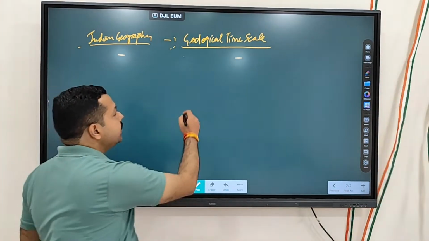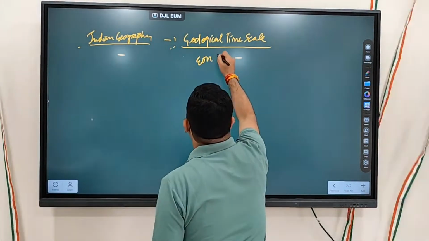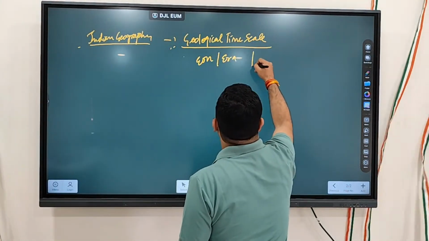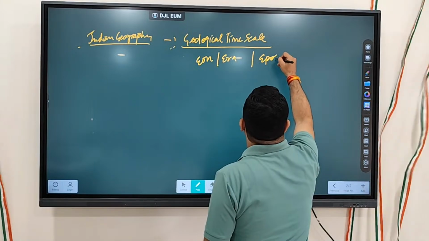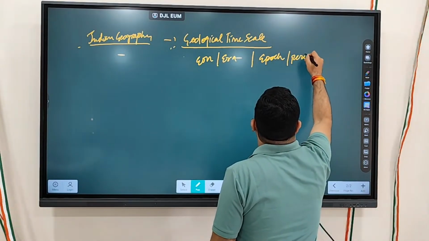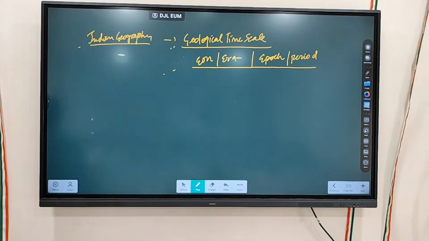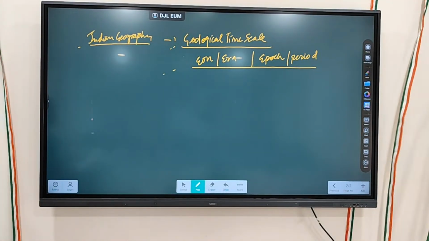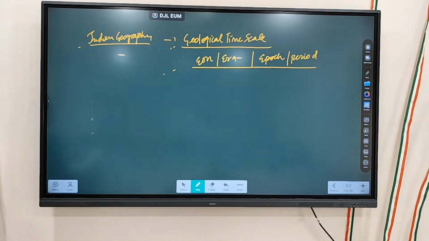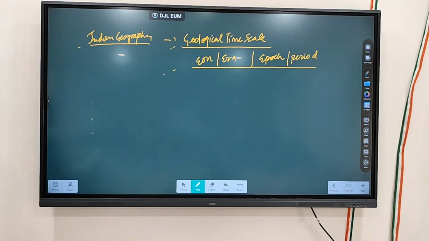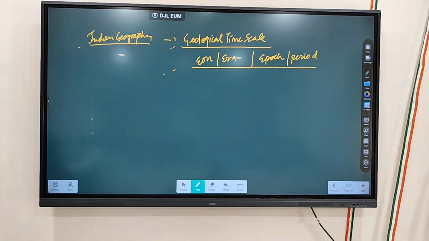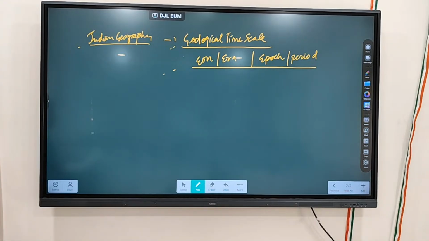There are four things you have to keep in mind: eon, era, epoch, period. These are the four terms you have to keep in mind. Clear? Eon, era, epoch, as well as period. These are the four major terms that you find with regard to the geological time scale.